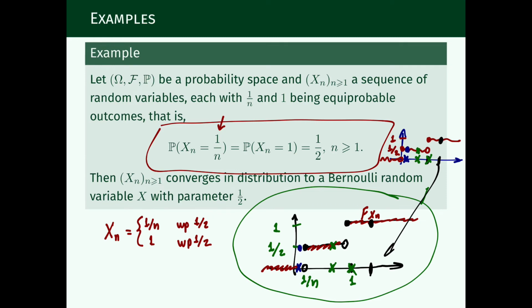We just have to wait until n is so large that this interval is to the left of this point, and so it will be 1/2 from that point on.